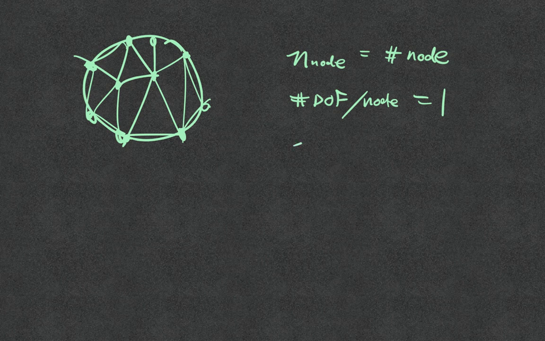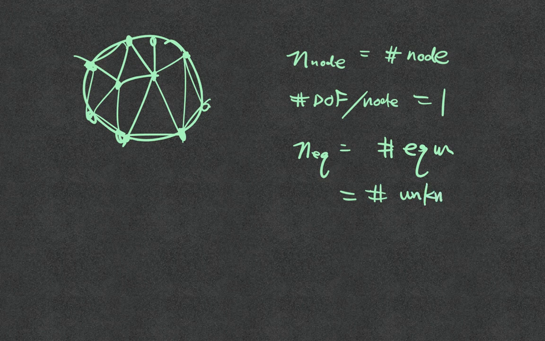Now, the number of equations is, of course, the number of constraints, which should be equal to the number of unknowns, which should equal the number of nodes. Is it true? In general, it's not true.